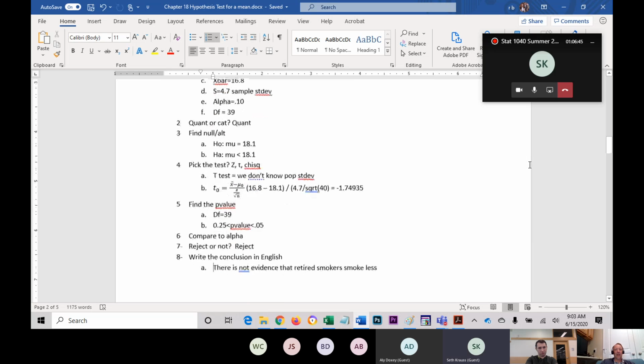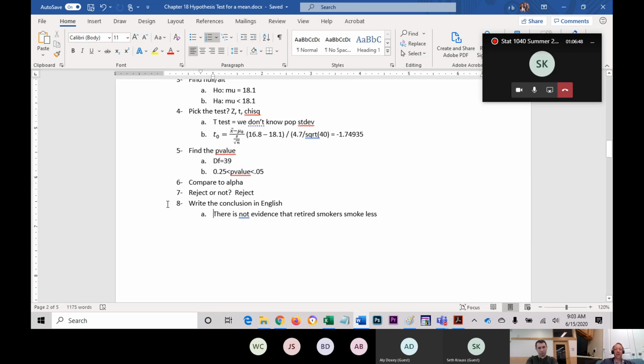Yeah. Okay, so you disagreers, you're correct. There is evidence that retired smokers smoke less. Okay? So Allie, here's how you remember. If you do not reject, there is not evidence. If you do reject, there is evidence. So not goes with not.